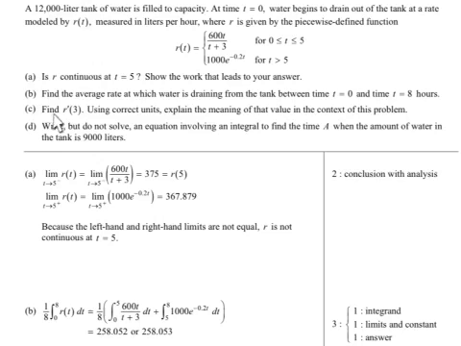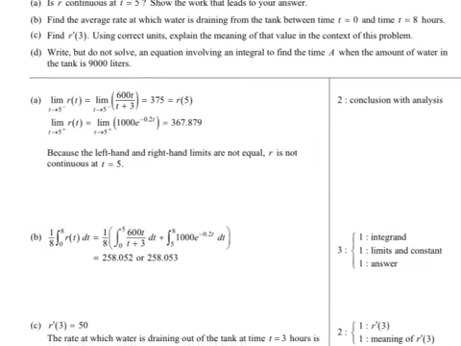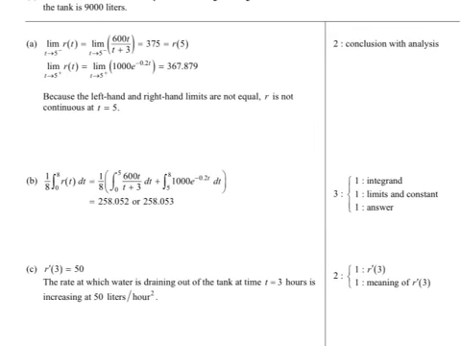All right, find R prime of 3 using correct units, and explain the meaning in context of the problem. Let's talk about this one. First of all, R prime of 3.